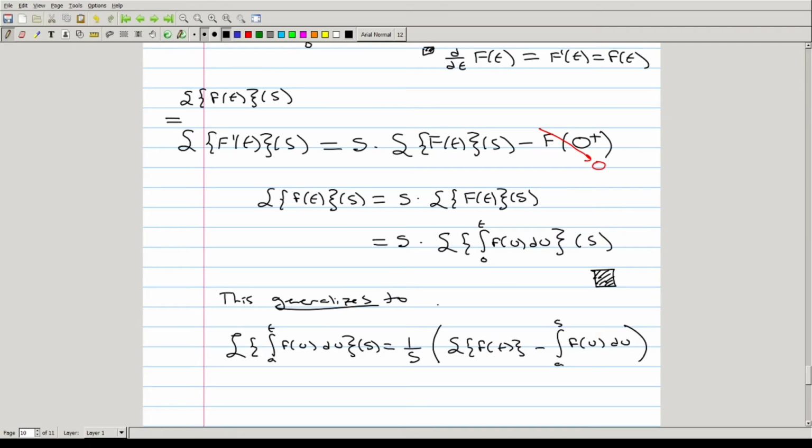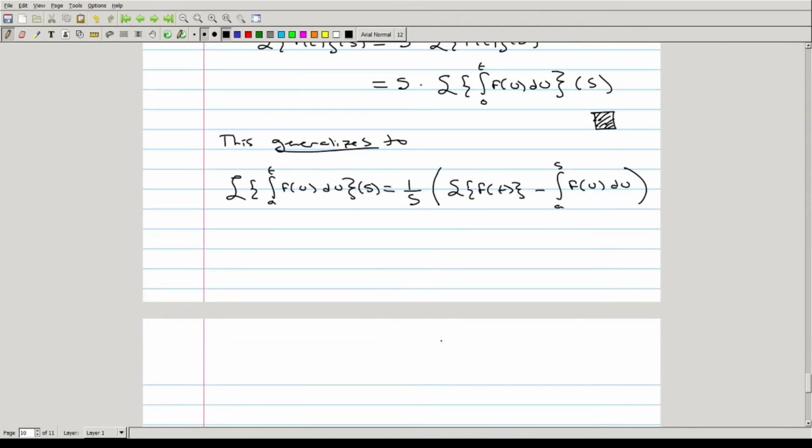And it'd be a good thing for you to go through and check this using the method that we use here. It's a very similar check.